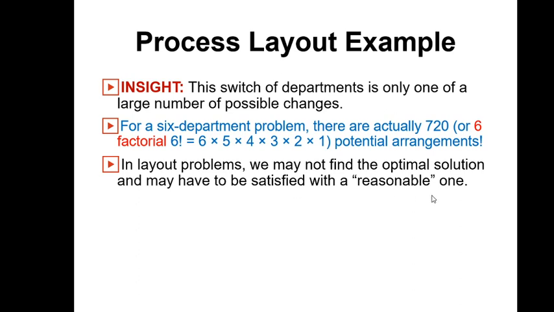We always try to reach not really the optimal solution but at least a reasonable one. But guys, if you have software in the company, the software can select for you the optimal solution out of the 720 possible solutions.